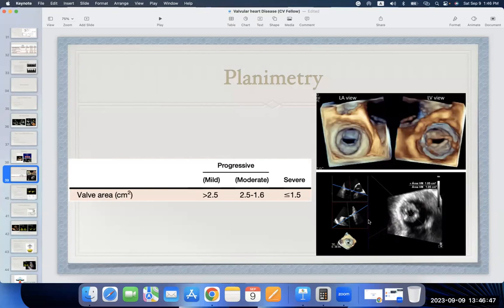If you have the machine, you click QLab, and then you can exactly put the line at the tip of the mitral valve during mid-diastole, and then measure the area. So this is the correct way to measure the area by 3D, not directly from the 3D volume.